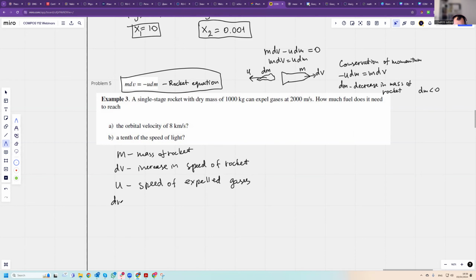And dm is the change in mass of the rocket. The rocket changes mass because it loses gas, loses fuel, so it's the mass of the expelled gas. The change in the mass of the rocket and the mass of the expelled gas are the same thing, except one is positive and one is negative. We take the negative for the gas.